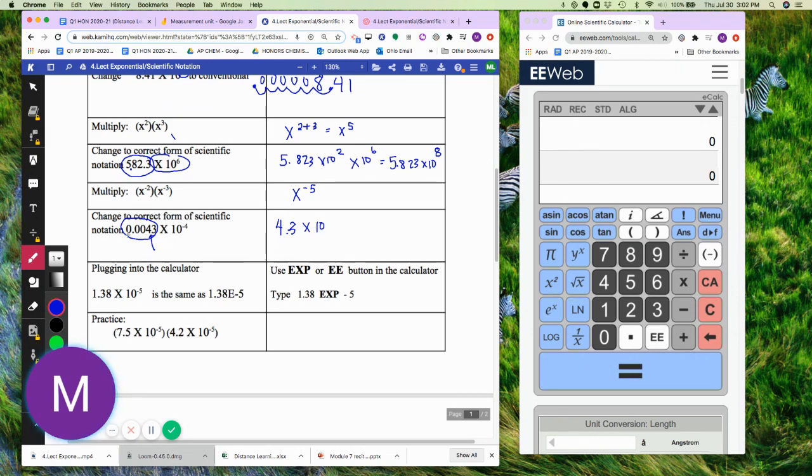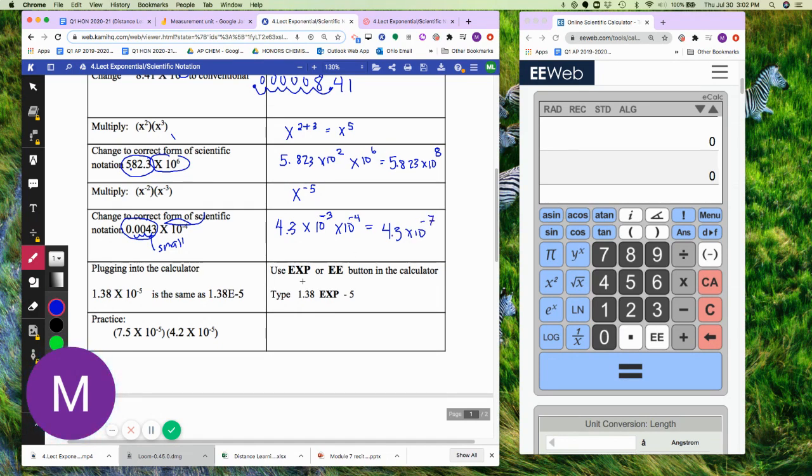You moved it 3 times. 1, 2, 3. Is this number small or big? It is a small number, which means put a negative sign right there. And then put this in. So times 10 to the negative fourth equals 4.3 times 10 to the negative 3 plus negative 4, which is negative 7.